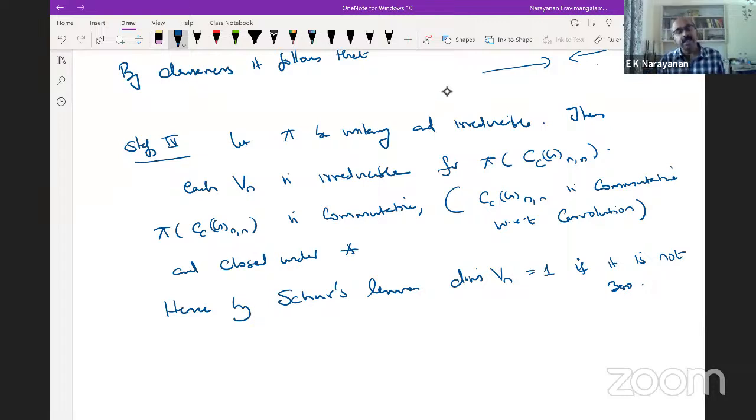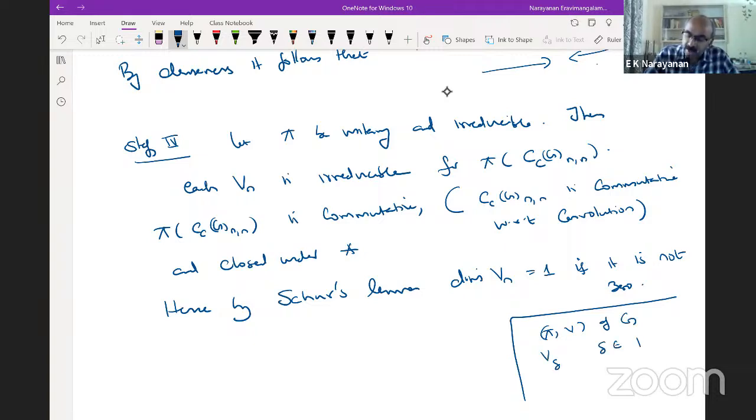In general, instead of V_n, you will look at representations of K. So maximal compact K need not be abelian. It can be a complicated compact group, but you know that the unitary irreducible representations are finite dimensional. And Harish-Chandra's theorem is that, if I take a representation of G, I can define V_delta for delta in K hat, right?